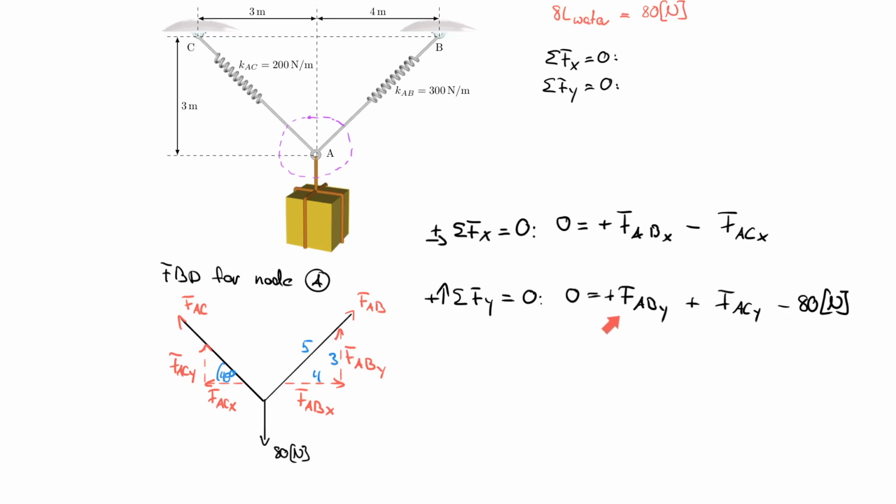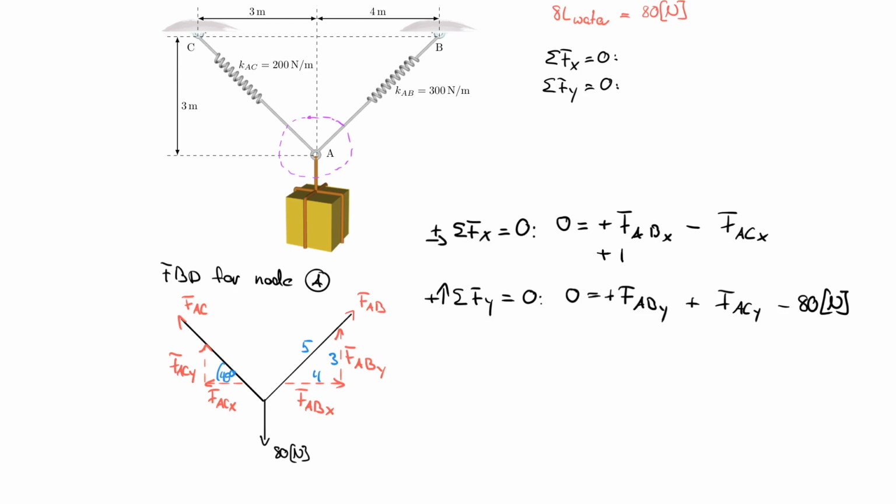Once again, this is very similar to what we talked about before. I cannot solve this equation set as it is right now because I have 4 unknowns. FABX is different from FABY. But I can express FABX in terms of FAB, and I can express FABY also in terms of FAB. So let's do that.